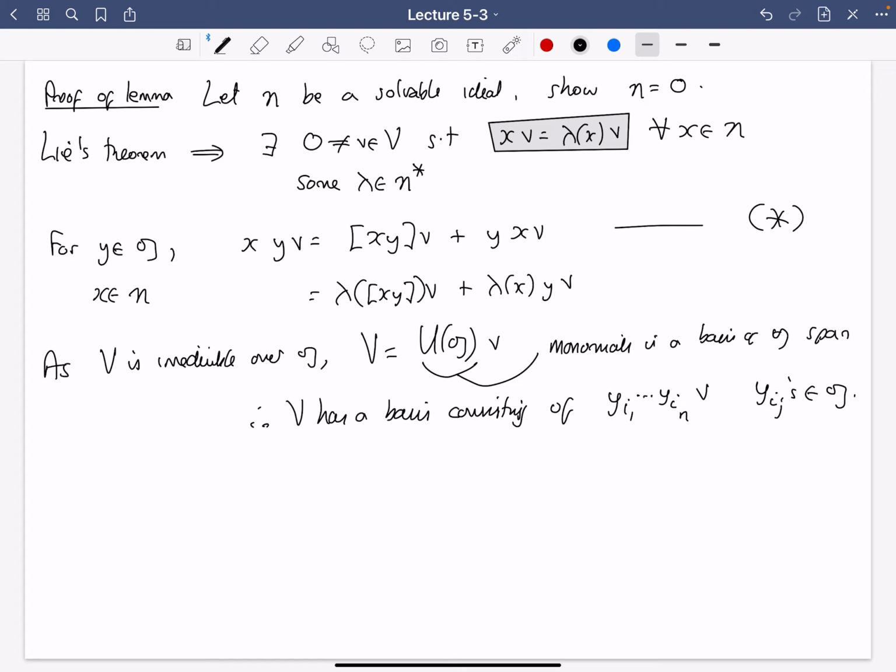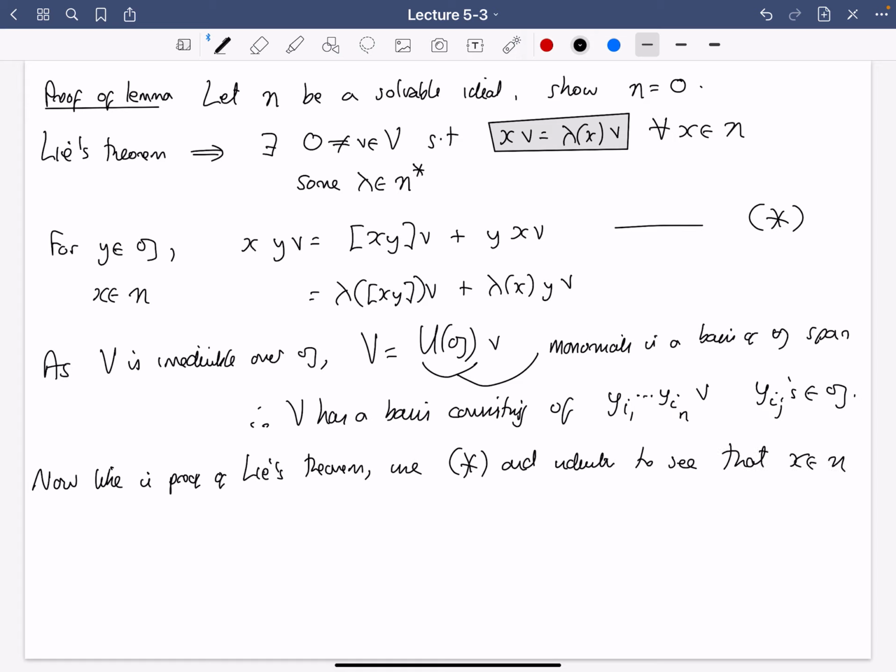And now, just like in the proof of Lie's theorem, you use star and induction to see that x in n acts in an upper triangular way on this basis, suitably ordered.